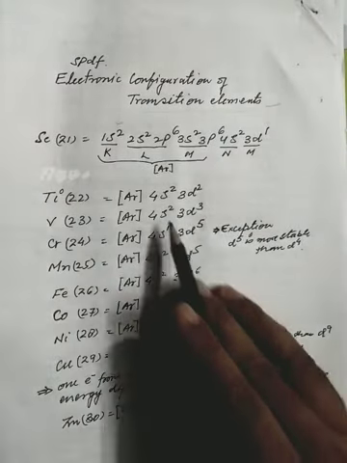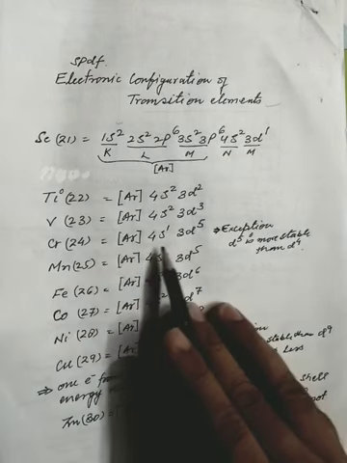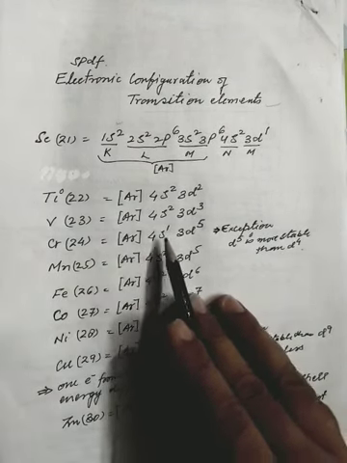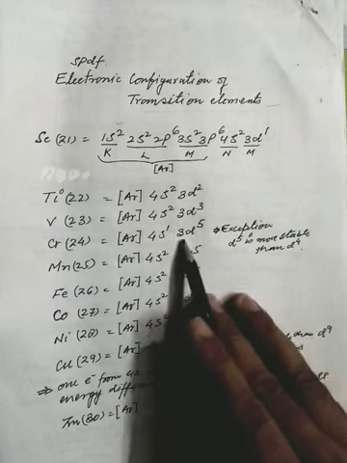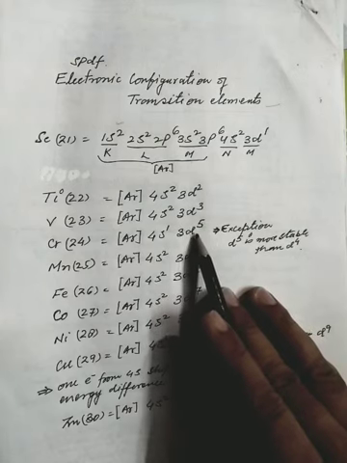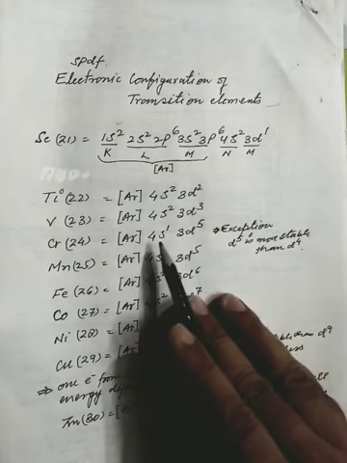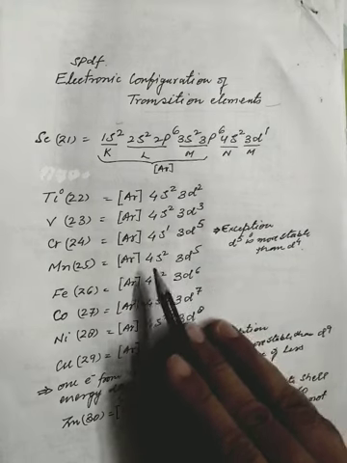Titanium is 4s2 3d2, and vanadium 23 is 4s2 3d3. Chromium is an exceptional case where one electron from 4s transfers into d to make a more stable, half-filled configuration as compared to d4, and the shifting is possible due to the small energy difference between the s and d subshells.